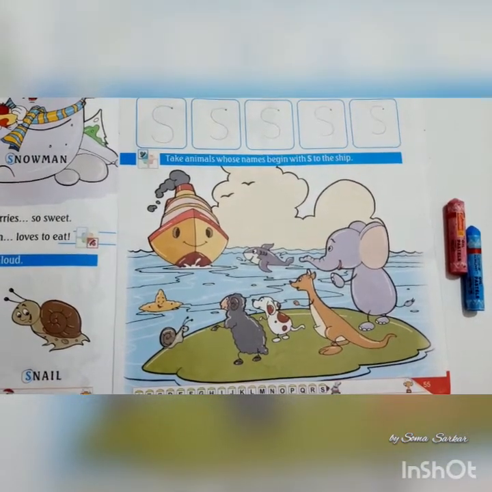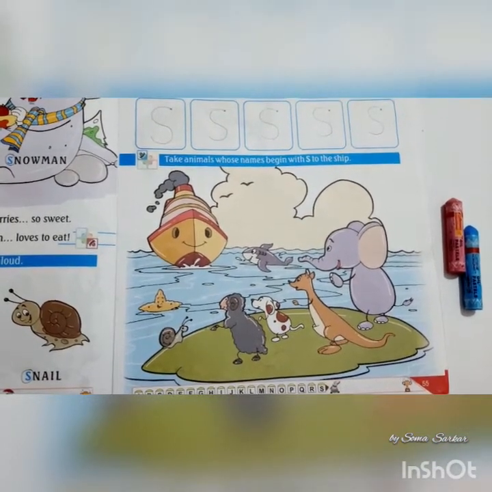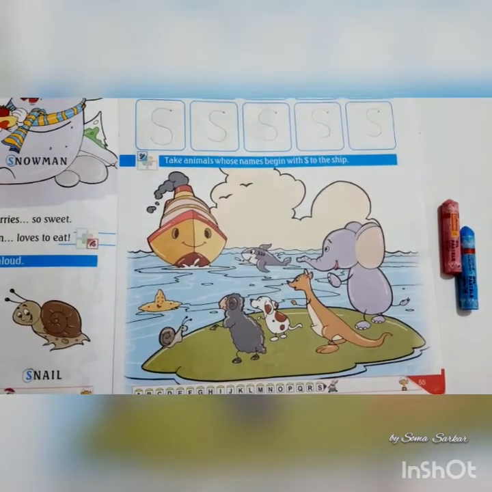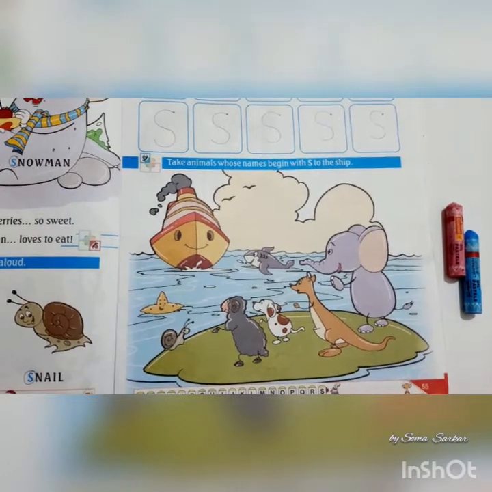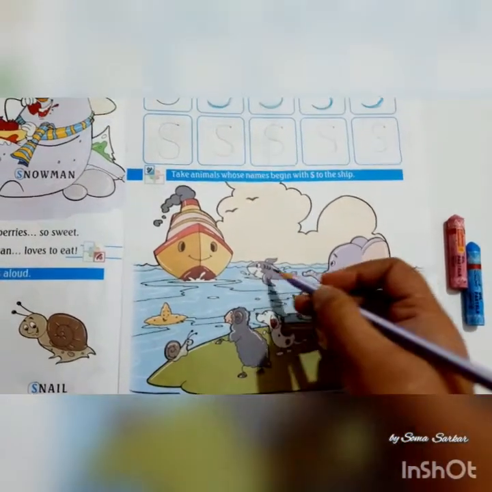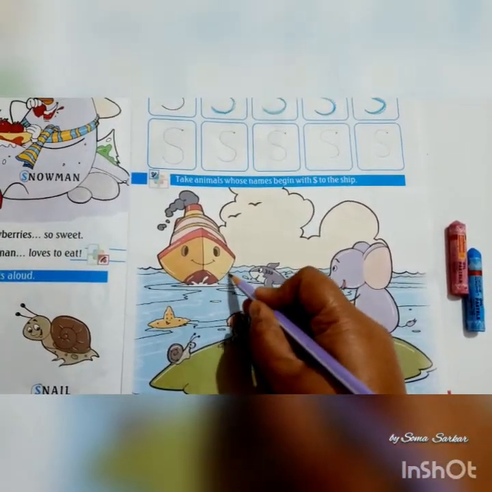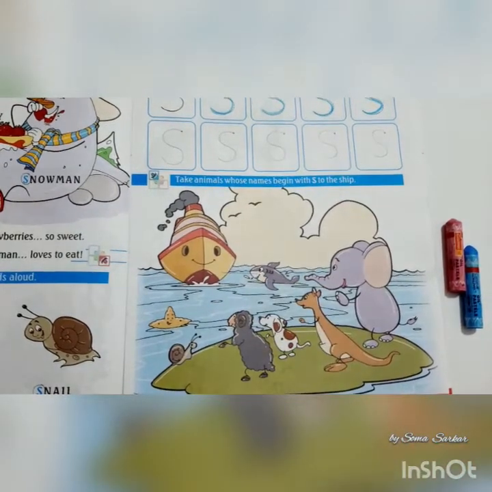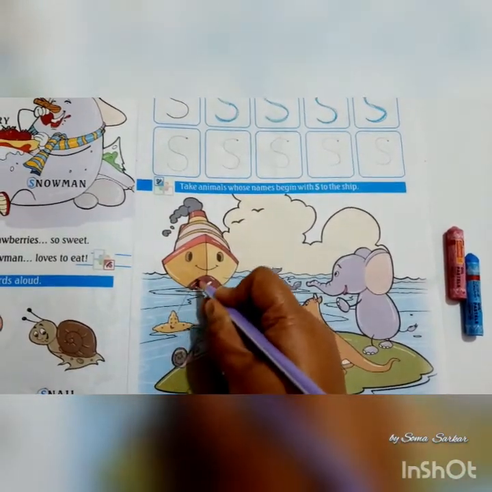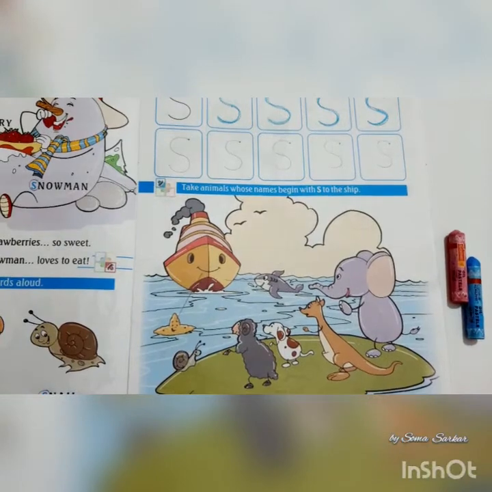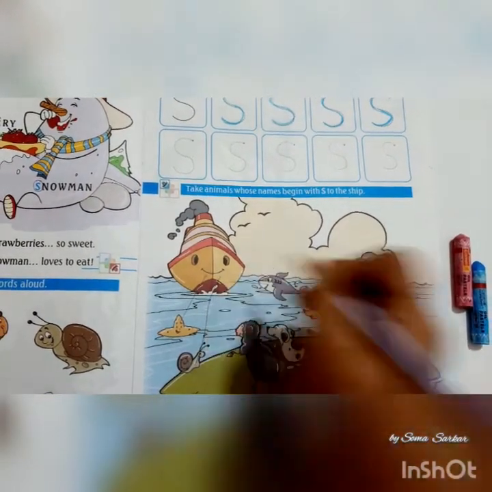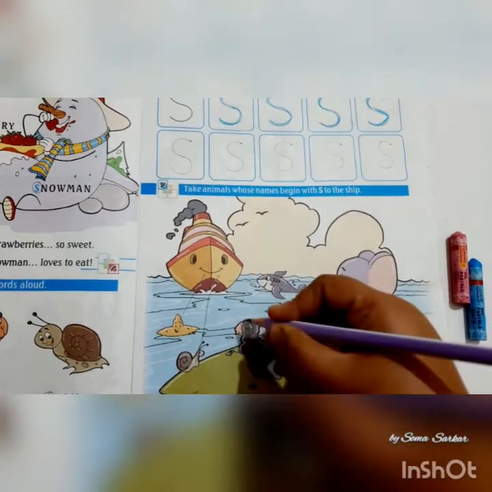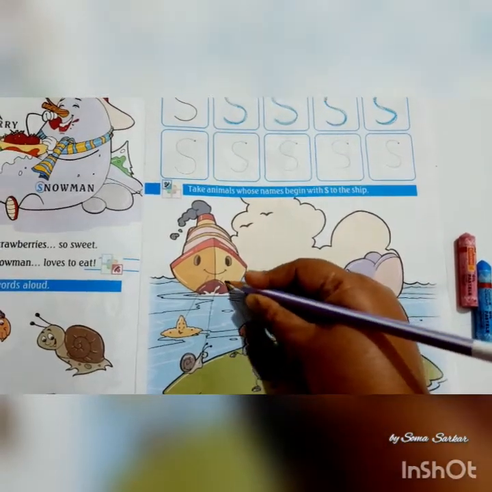Now you have to match the animals whose name begins with S. Like shark. So match it. Starfish. S is for starfish. S is for snail. S is for sheep.